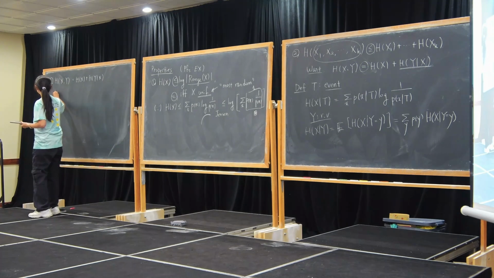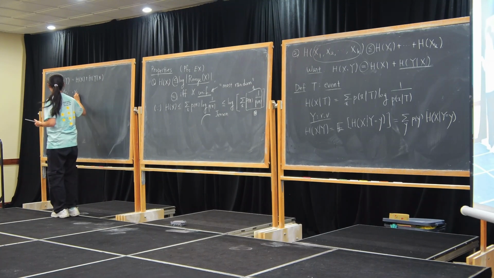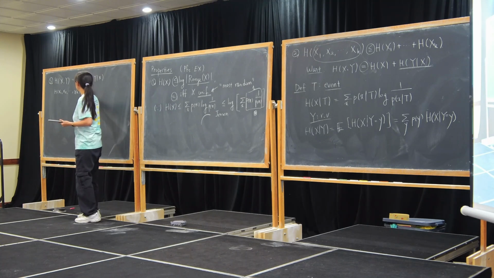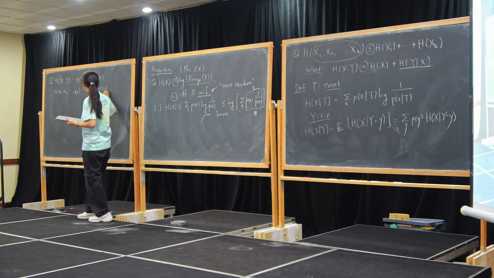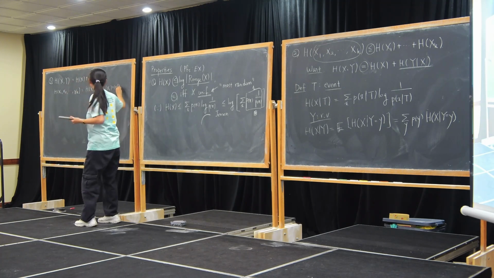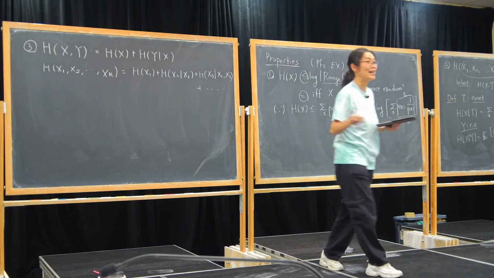And in general, if we have multiple random variables, then we can expand this expression: entropy of X1 plus entropy of X2 given X1 plus entropy of X3 given X1 and X2 plus dot, dot, dot, through the end.